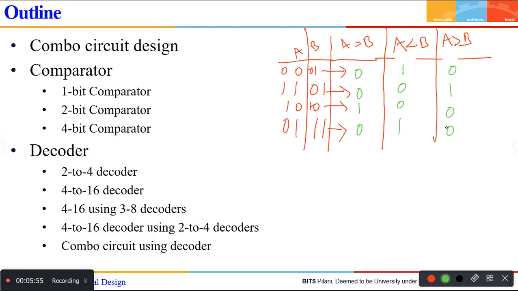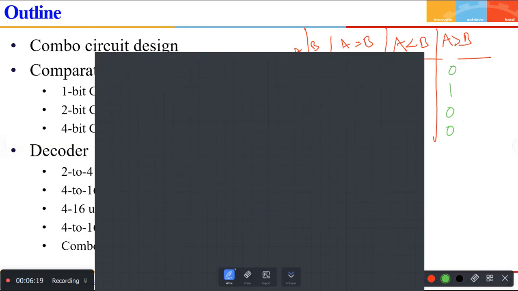Okay. Now, what is a decoder? Have you understood this? What is a decoder? It's very simple. It decodes. You have some code with you and it decodes. Decoding means you get some outcome out of that. See here, a decoder is very simple. Listen carefully. Suppose this is your decoder.